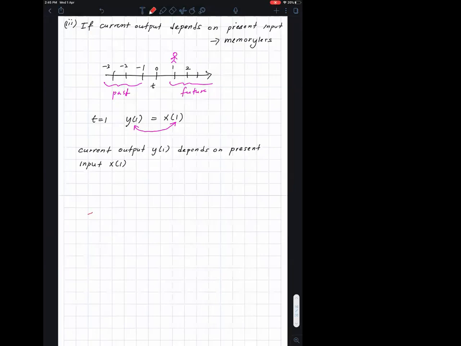For example, let's say you have y(t) equals x(-t). Let's find out the current output.